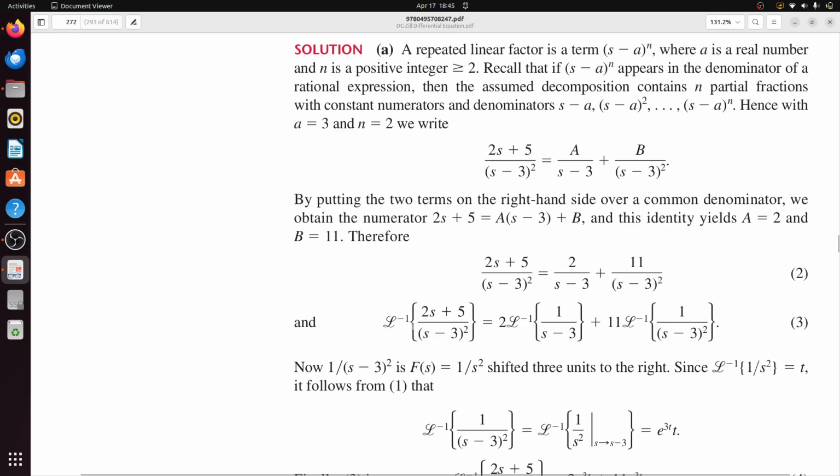Similarly, for the Laplace inverse, 2 by (s minus 3) is like 2 by s, whose inverse is 2, and you need to multiply with e to the power 3t.